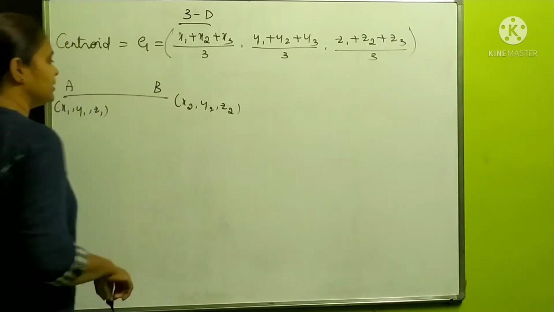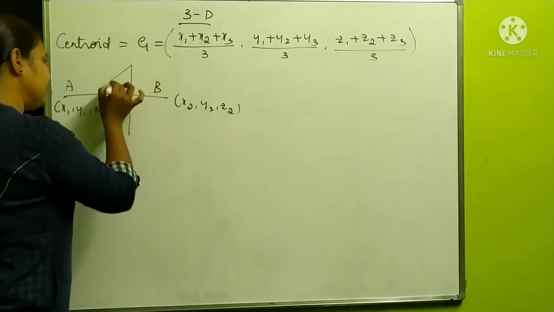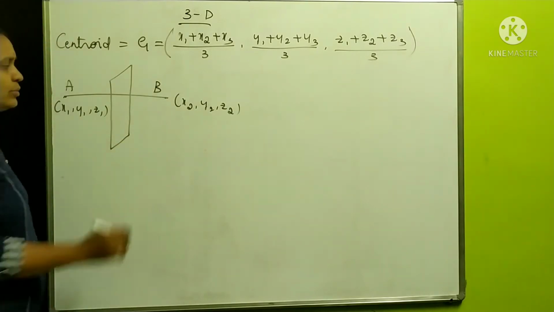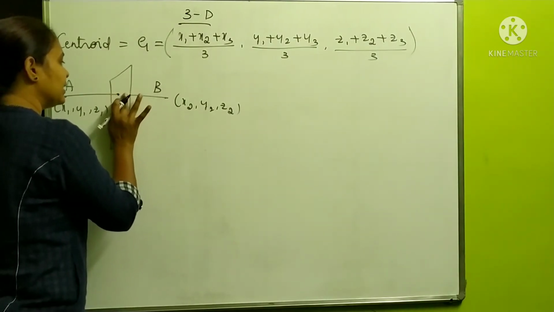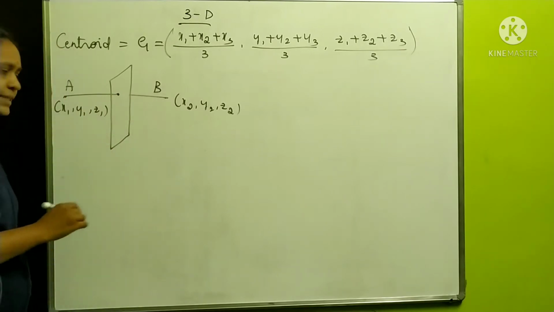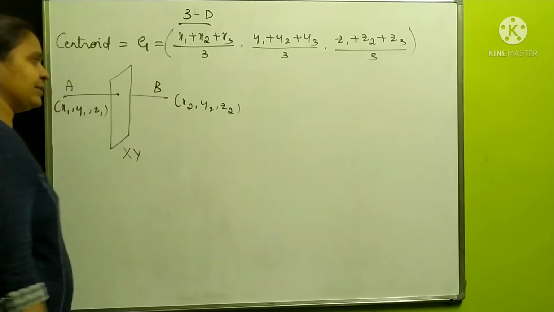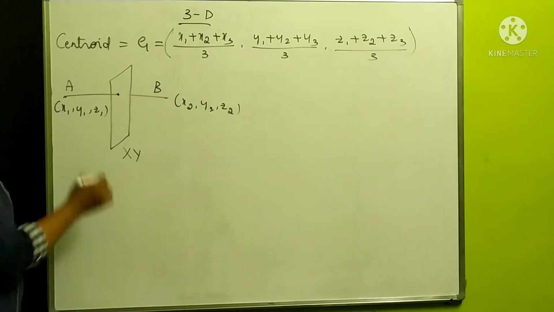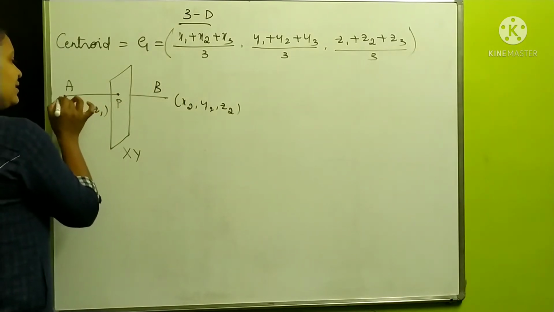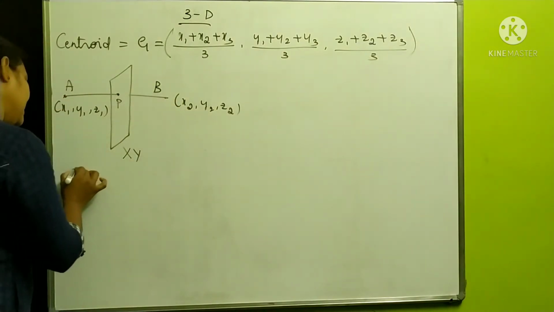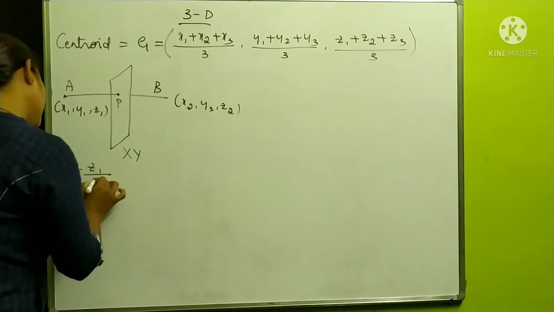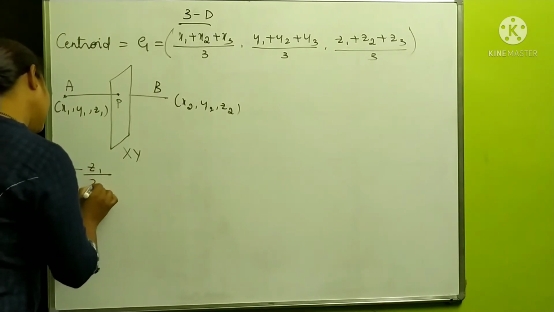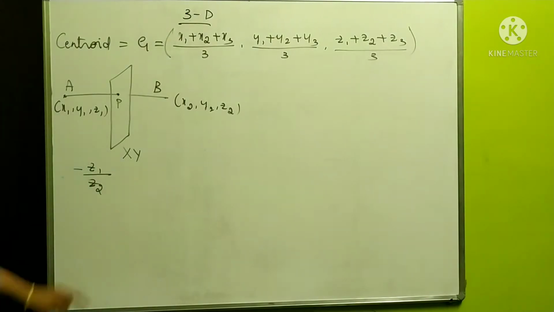Assume this line segment is divided by the xy plane at a point P. Then the ratio is minus z1 by z2.